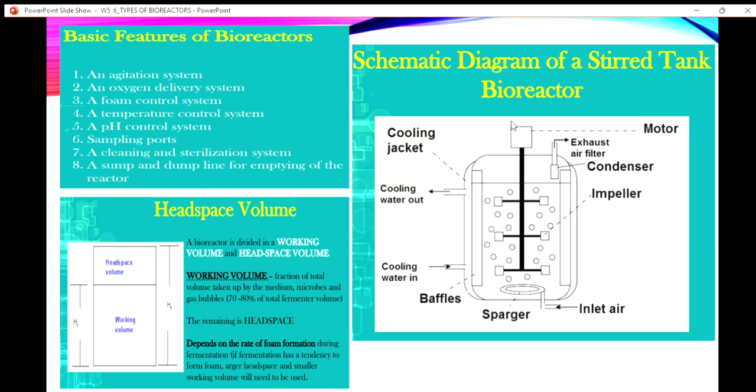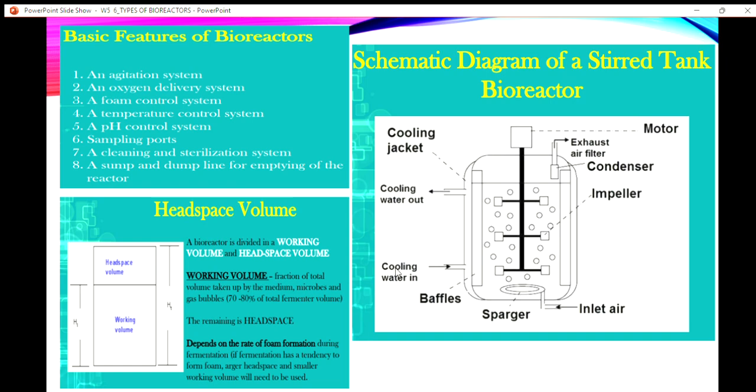As I said, it has the motor, it has the sparger. So the gas will be coming from the bottom of your bioreactor. You can see the sparger of the gas here. This is the baffle to control the mixing agitation process, or to prevent the vortex from happening. This is the cooling jacket to control the temperature of your liquid.